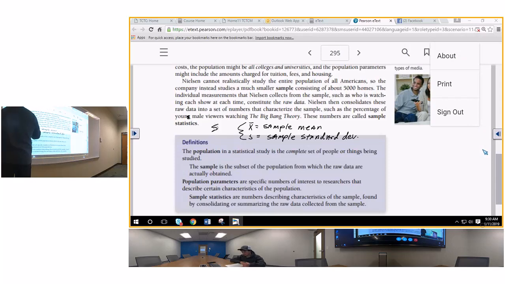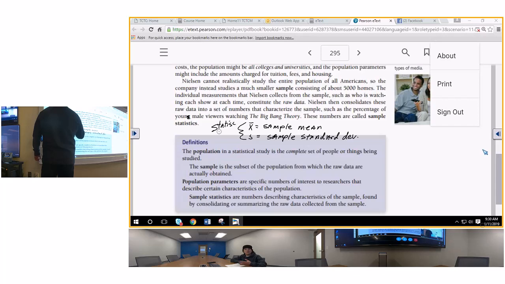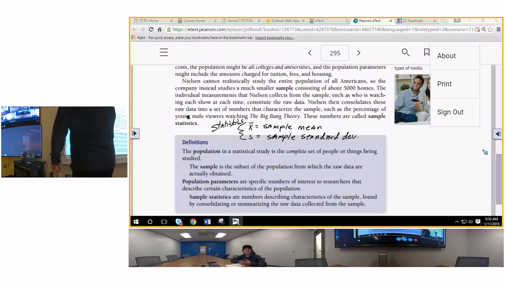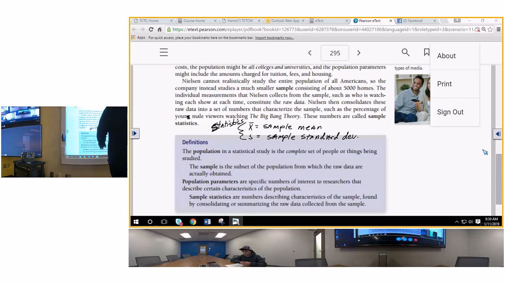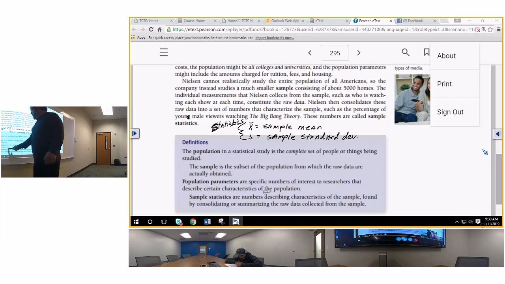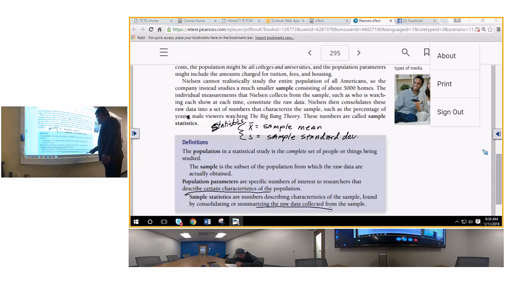These are the statistics, lowercase, not uppercase. These are letters or variables used in formulas for the sample mean and the sample standard deviation. And that's what that says right here. Remember, s goes with s. Sample goes with lowercase statistic.